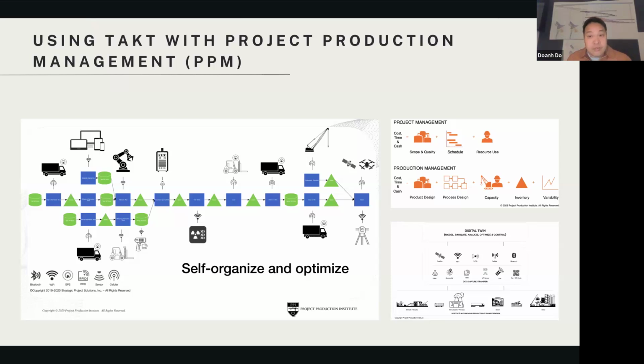So a more advanced topic, this is not for today, but I wanted to bring it up, is that oftentimes when we have the projects running with TAKT and with Last Planner, we also use project production management, which is from the PPI, and we're looking at other parts that would influence the reliability of projects. The PPI also uses IoT to track deliveries, to track supply chain, to track things that feed into the TAKT plan, right?